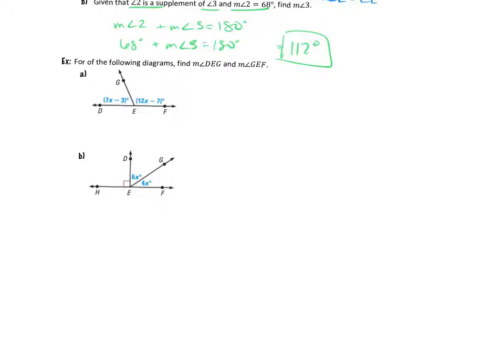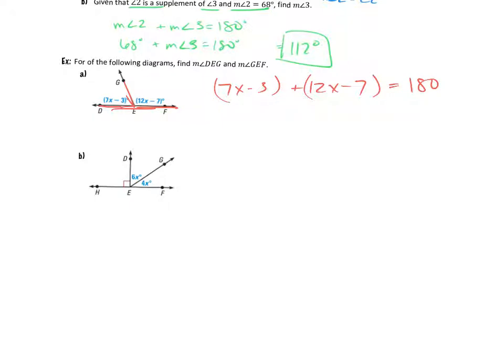We can also use our complementary and supplementary angle relationships to solve more complicated problems. Here I have angle DEF, which is 7x minus 3, and angle GEF, which is 12x minus 7. Because these form a straight line, they are supplementary, so they add up to 180 degrees.